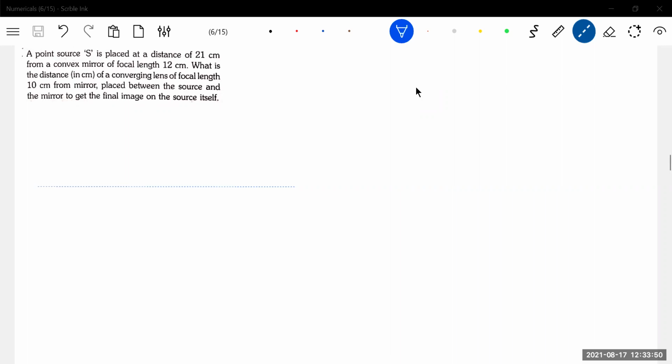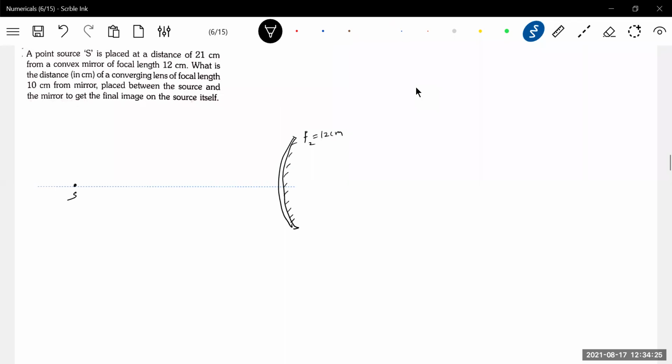A point source S is placed at a distance of 21 centimeter from a convex mirror of focal length f2. What is the distance of the converging lens?